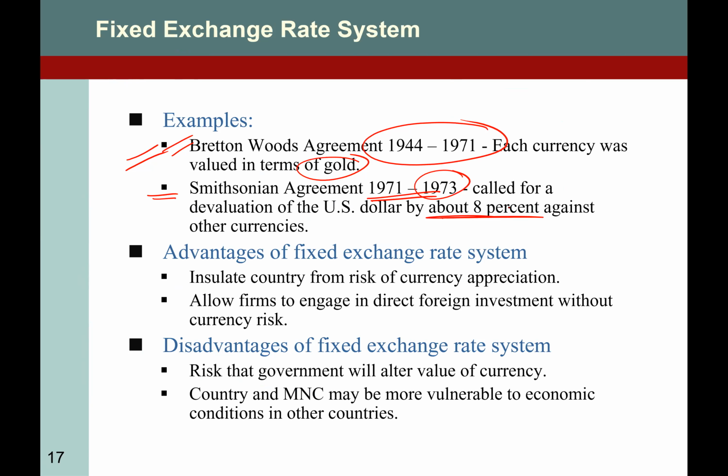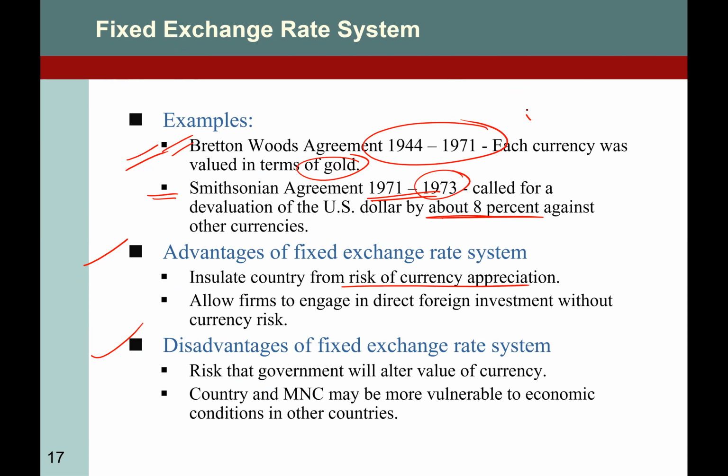So you are required to comment on advantages and disadvantages. The advantage was that it insulated the country from the risk of currency appreciation. It means currency exchange rate risk was 0 at that time. If you are receiving dollars, you already know that you will be receiving that much money.